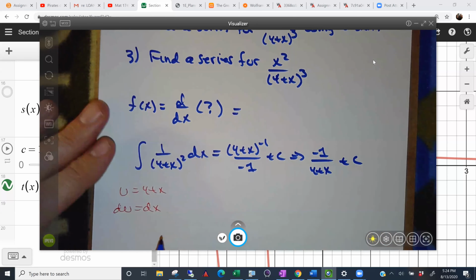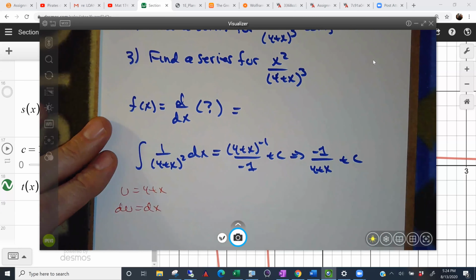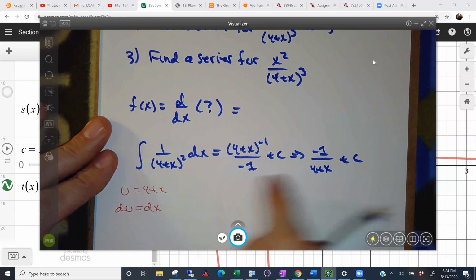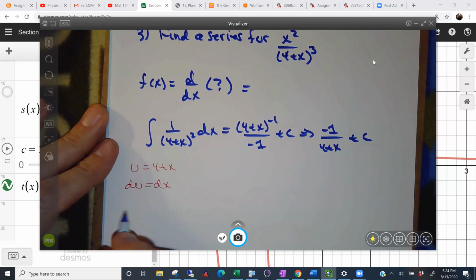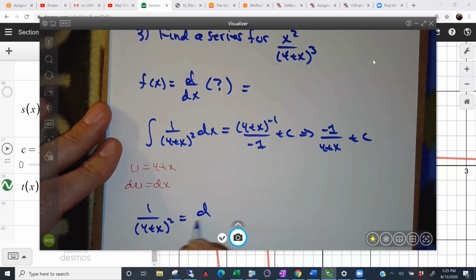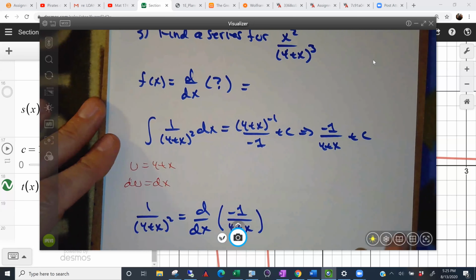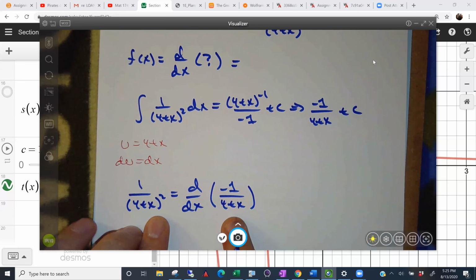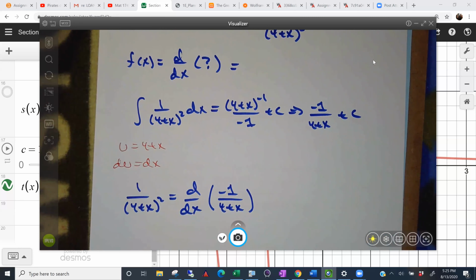Bottom line, though, is now I can look at this and say, okay, if I differentiate this, I'll get this. That's what I needed. So 1 over 4 plus x squared is the derivative of negative 1 over 4 plus x. So I did a lot of work to figure that out. Now, if you look at the answer on WebAssign, they'll say, oh, well, observe this.